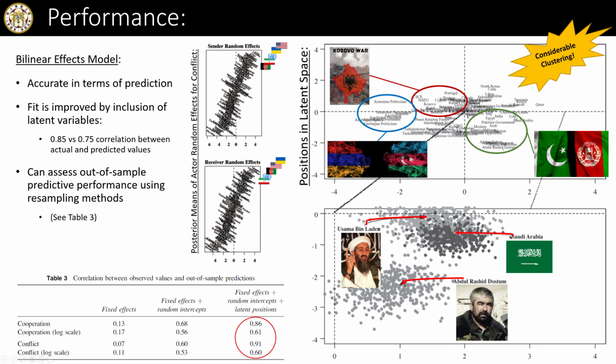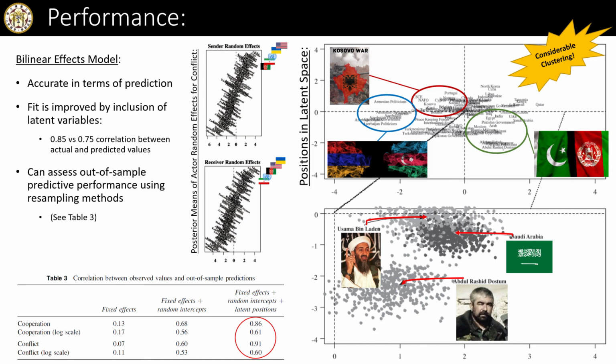And then on the bottom right, there are multiple actors that were involved with Afghanistan and Pakistan during the same time period. This paper was written in 2004, so conflict in Central Asia, particularly in Afghanistan, was a hot topic at the time.